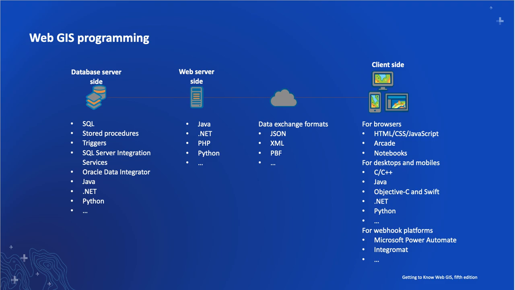And we're going to look at webhooks in the next couple of slides. And we can see here, these are the main languages. So Python can be used on the database server side, the web server side, and the client side.